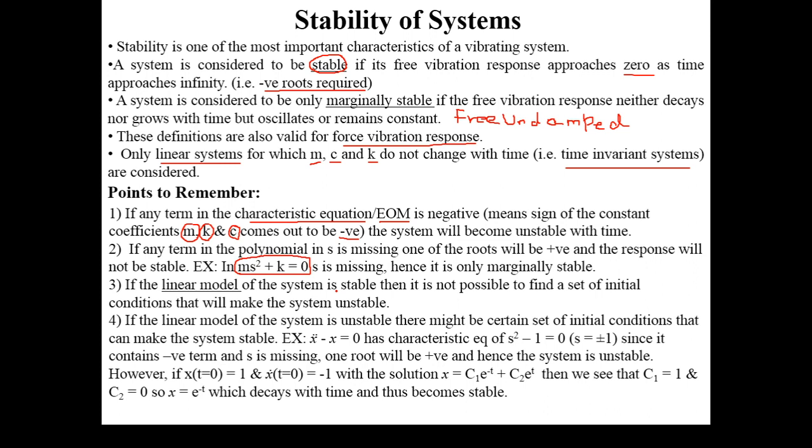So if your vibrating system is linear, again we are talking about linear systems only, if the model that you are dealing with is linear, then you can literally provide any initial condition to this linear model of your system, and you will always observe a stable behavior, because it is not possible to make this vibrating system unstable by providing it any initial value in terms of displacement or velocity.